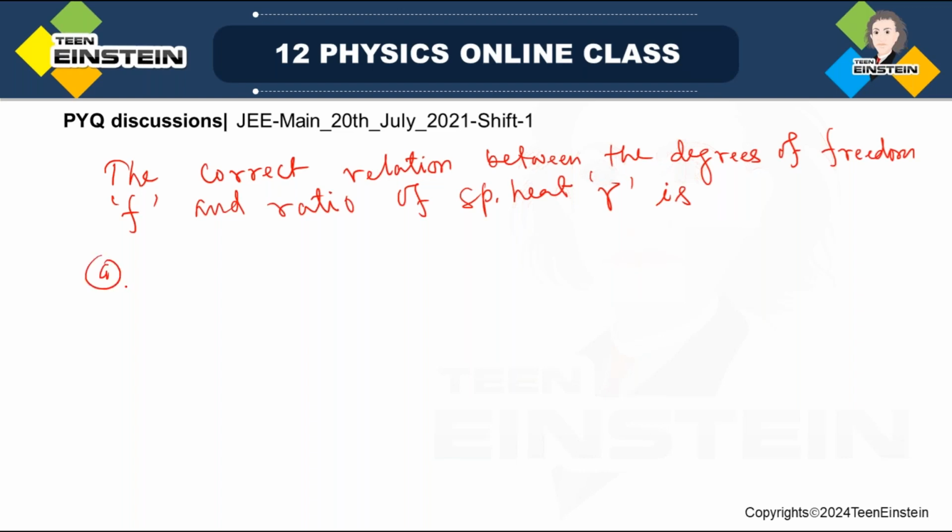options are: first option, F is equal to 2 by gamma plus 1. Option B is F is equal to 2 by gamma minus 1.